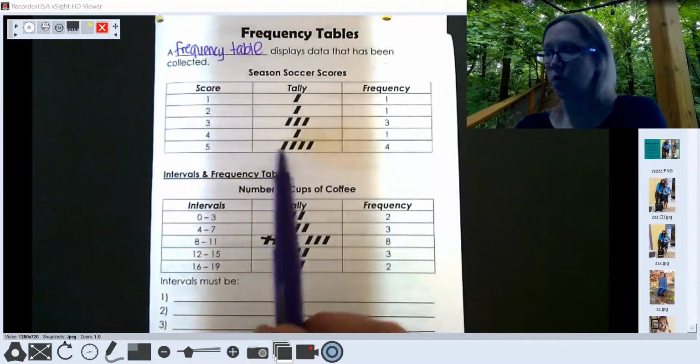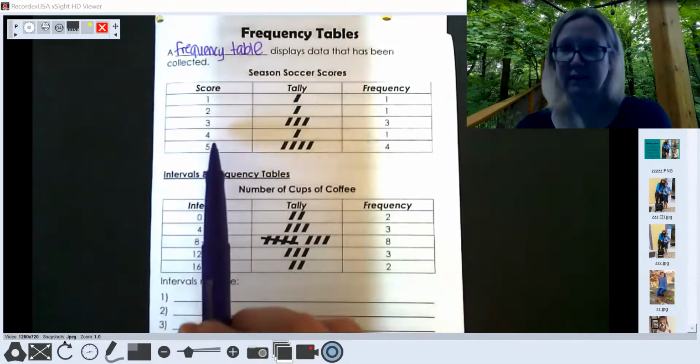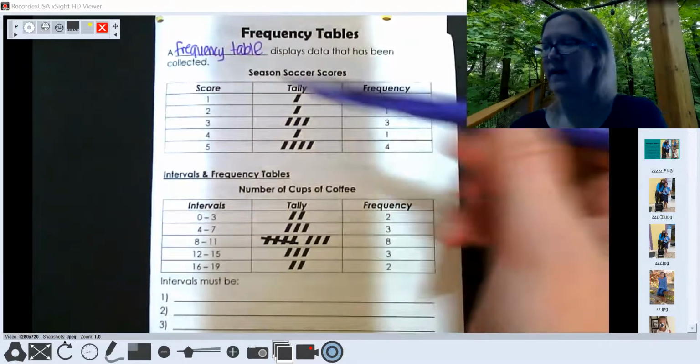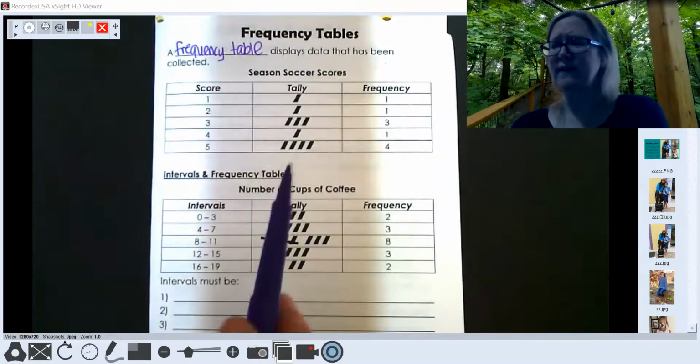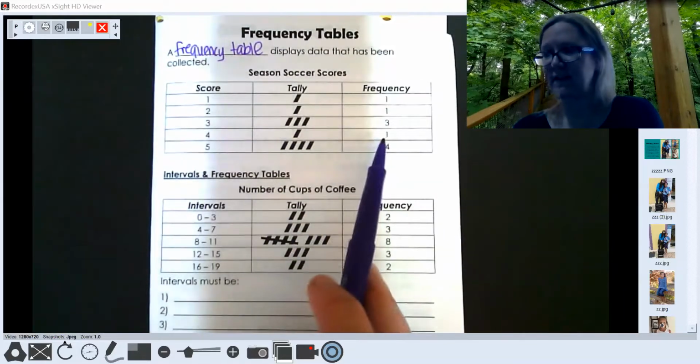And then there were 1, 2, 3, 4 games where the score was 5 points. Again, each of these frequencies represents one total game. So if I were to ask you how many games had 4 points, you would look right here. There's one game where there were 4 points scored.